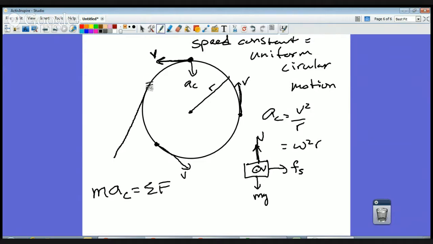So the motion the car is trying to have, if I draw the track out a little bit bigger, the car, which is here, is trying to follow a path that will make it move in a straight line like this, so it would move towards the outside of the track. So there's friction towards the center because the motion would be towards the outside.